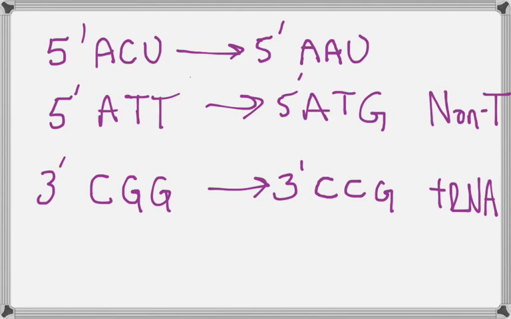Now, always remember that when it comes to mRNA, when we are trying to read a codon, a 3-nucleotide sequence that encodes for an amino acid, we must be reading it in the 5' to 3' direction. It must be the mRNA that you're reading.